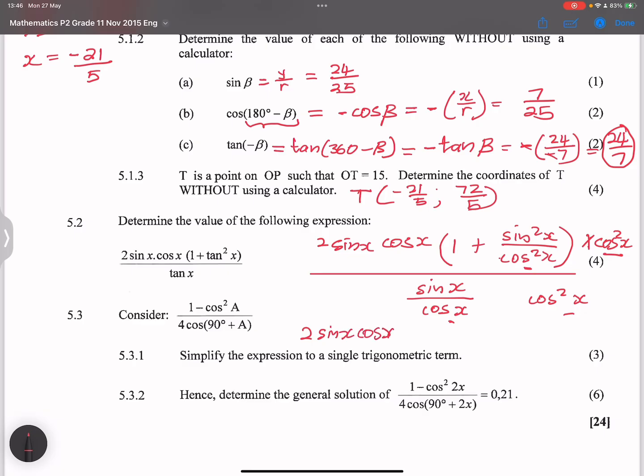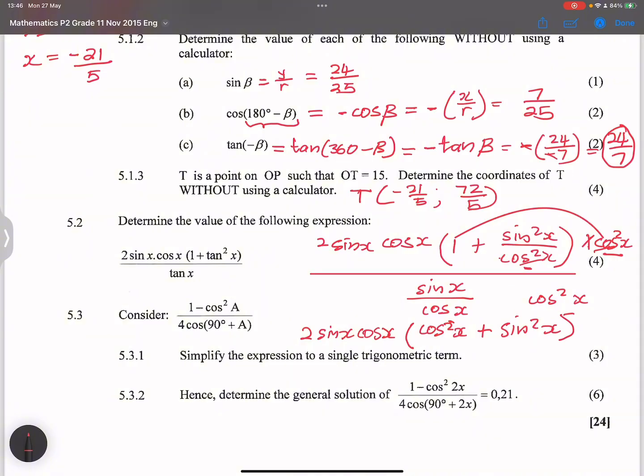Now notice in this case, the cos squared of x times 1 will give me cos squared of x, plus, on this one, cos squared of x times sine squared x over cos squared. Remember, the cos and the cos will cancel, and I'm left with sine squared of x.